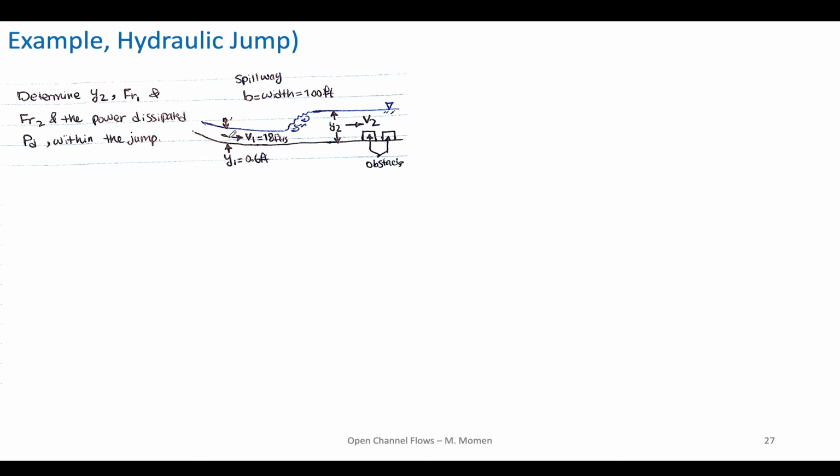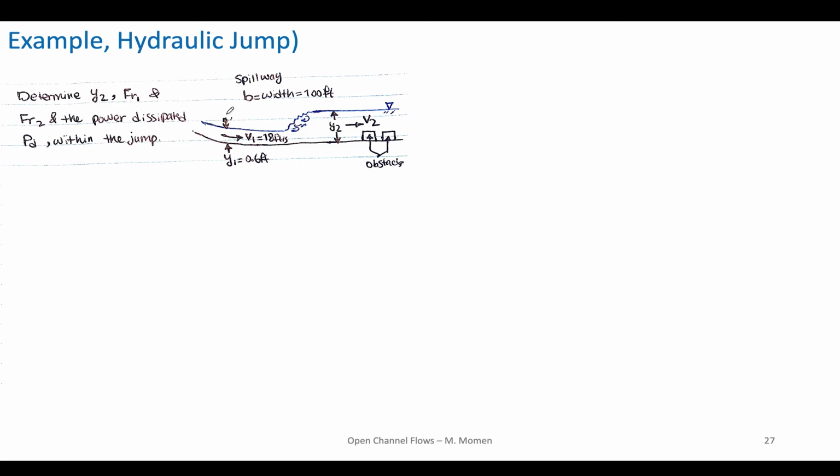And then here we have high velocity flow, which can come from under a sluice gate, like from a dam or other problems. If you remember sluice gates, you also had it in your lab. So this is coming from there, the incoming fluid, and the incoming velocity is 18 foot per second. The width of the spillway is 100 foot.